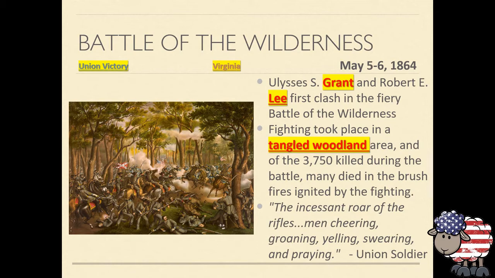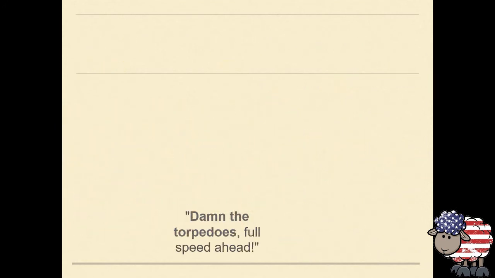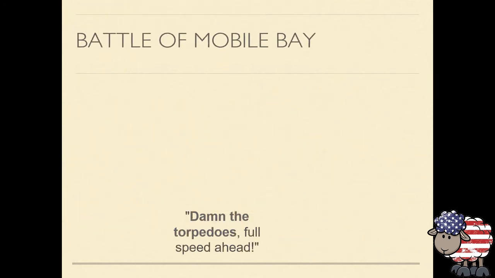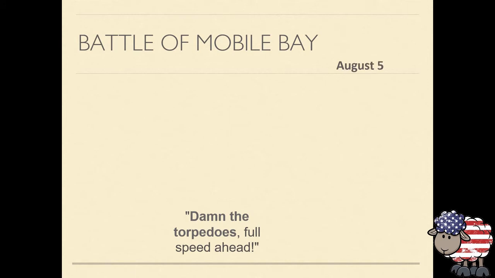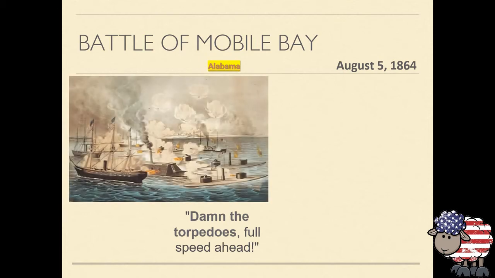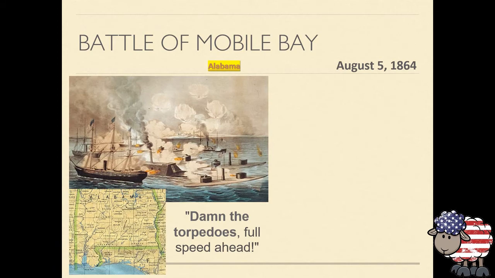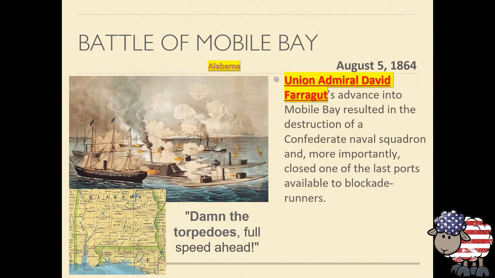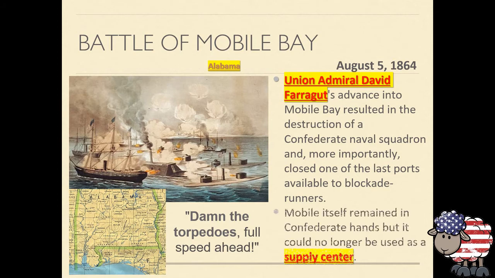Now, continuing with the advancement of the Anaconda Plan, another port is captured by the North, the Battle of Mobile Bay in Mobile, Alabama. Ironclad ships, and Admiral David Farragut advances against a blockade, and there are torpedoes in the water.